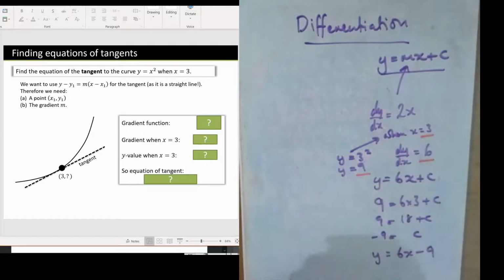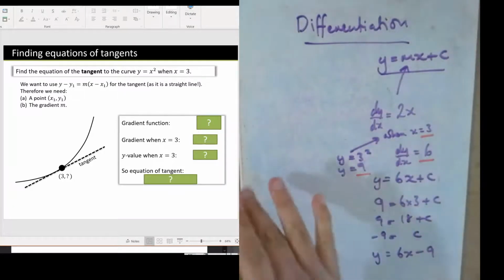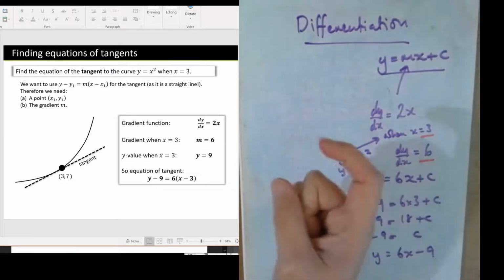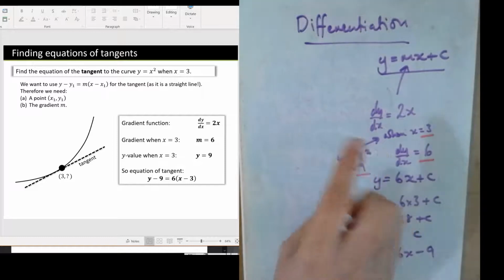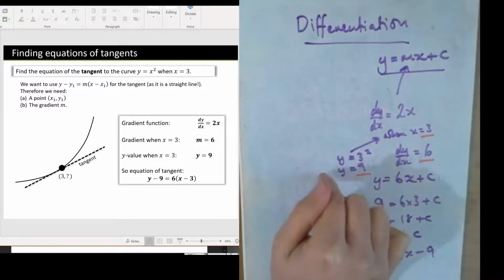In this one, they kind of go through the same thing. They go through the gradient. They'll say when the gradient is x equal to 3 and y value when x equals 3. Okay, the only difference, obviously, to this one, so that's the same because we've already done it, that's the same because we've already done it, and that is the same because we've already done it here.